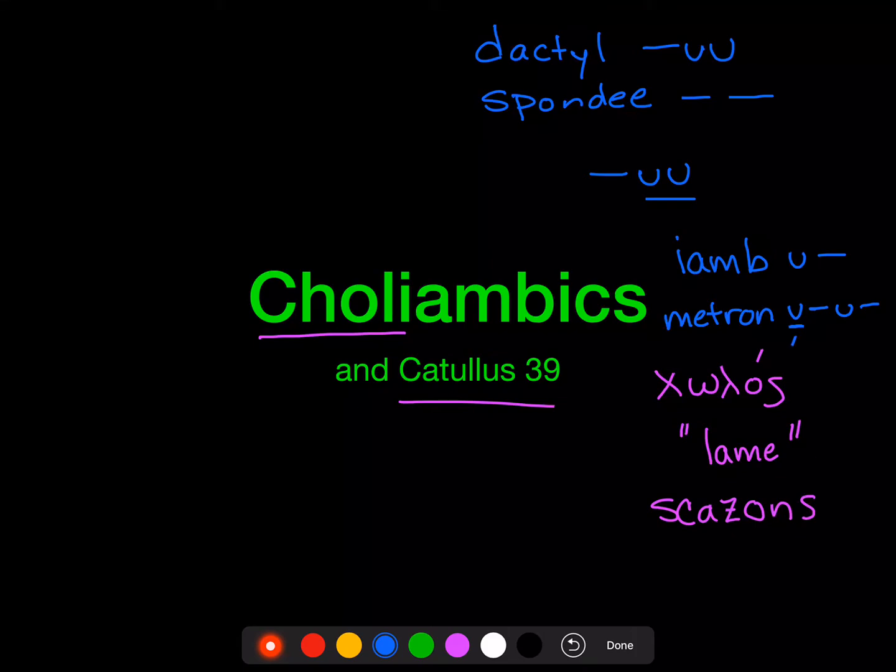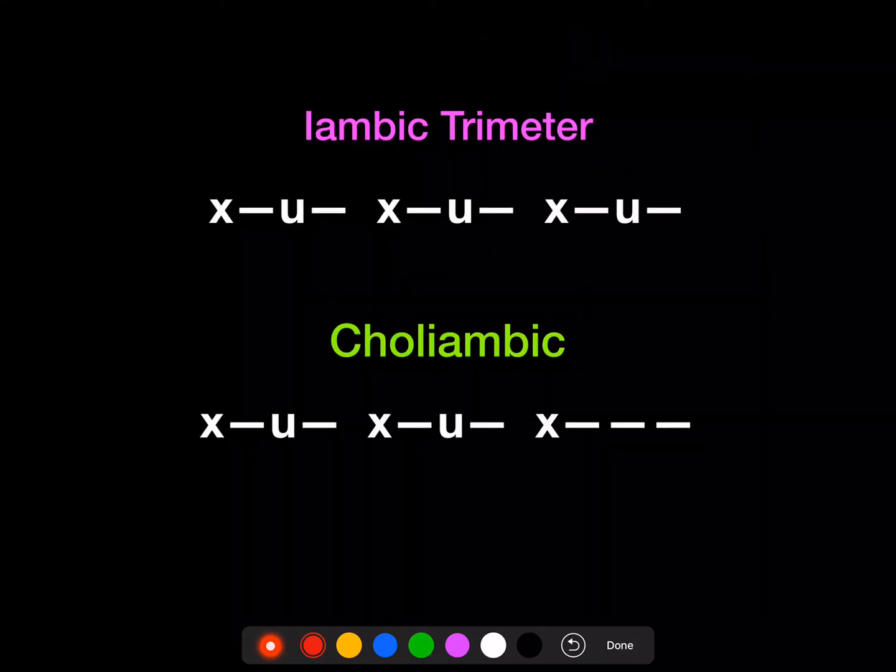We'd say that first syllable there is anceps, and we could mark it with an X. Okay, so either long or short. So an iambic foot is short, long. An iambic metron, though, is anceps, long, short, long. That is to say either short, long, short, long, or long, long, short, long. Okay? Those are iambic metra.